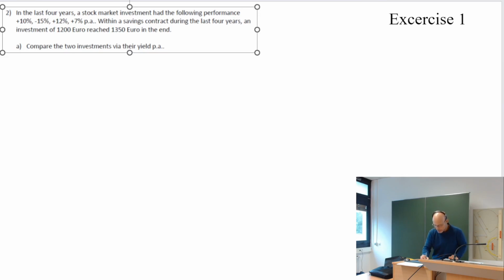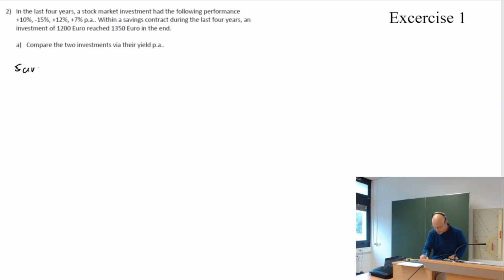So, for the savings contract, what is the thought experiment behind it? Well, we have 1,200 euros as the starting investment. And then we say 4 years with the same interest rate, we end up with 1,350 euros.